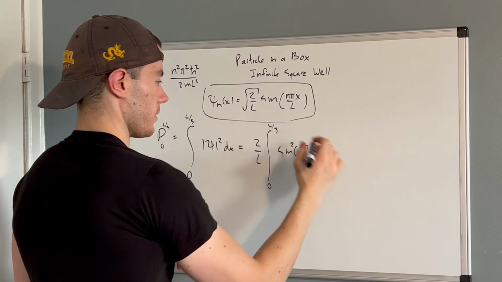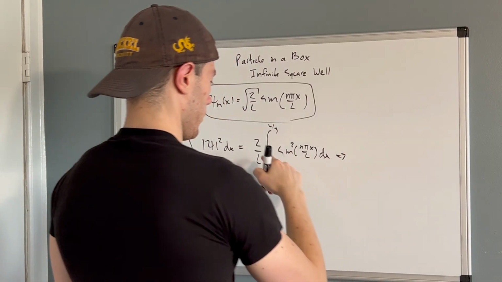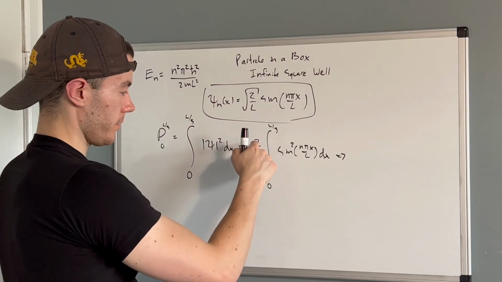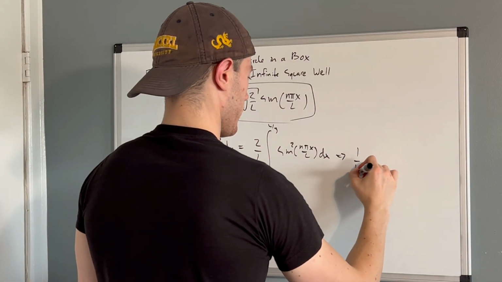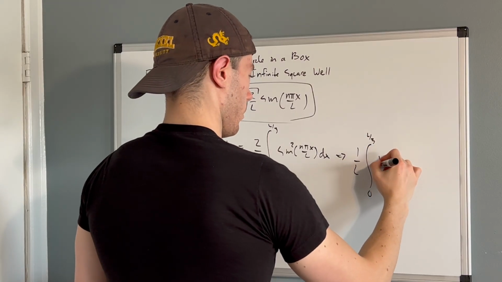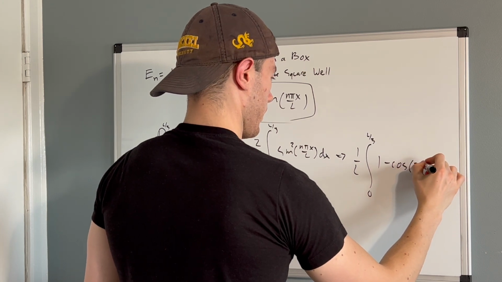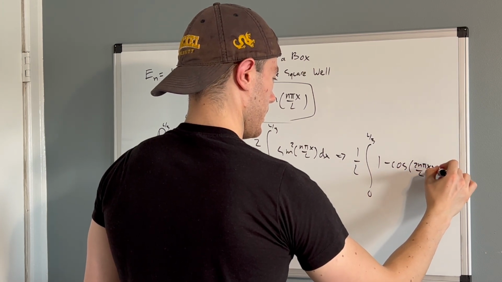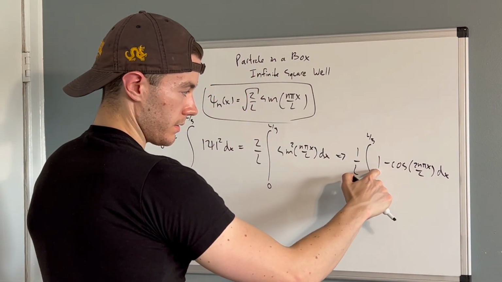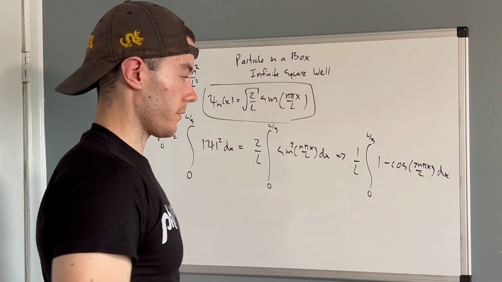I'm going to pull the same trig identity trick. So I'm going to pull out the 2 in the denominator. It'll be 2 over 2. This is now 1 over L, 0 to L over 3, 1 minus cosine 2n pi x over L dx. Again, this 1 dx integrated is just x. L over 3 minus 0 is L over 3.